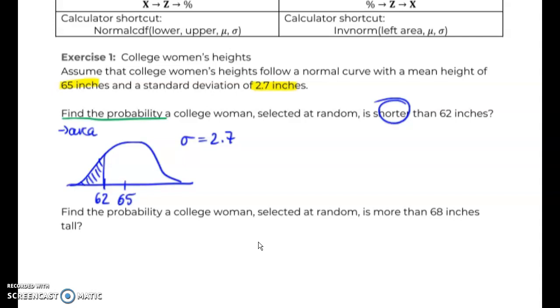I'll do this first one manually, where we convert it first to a z-score and then look at the table. The other ones we're simply going to do on the calculator and in StatCrunch. To calculate a z-score, we take our value, which is 62, subtract from it the mean, and divide by the standard deviation.